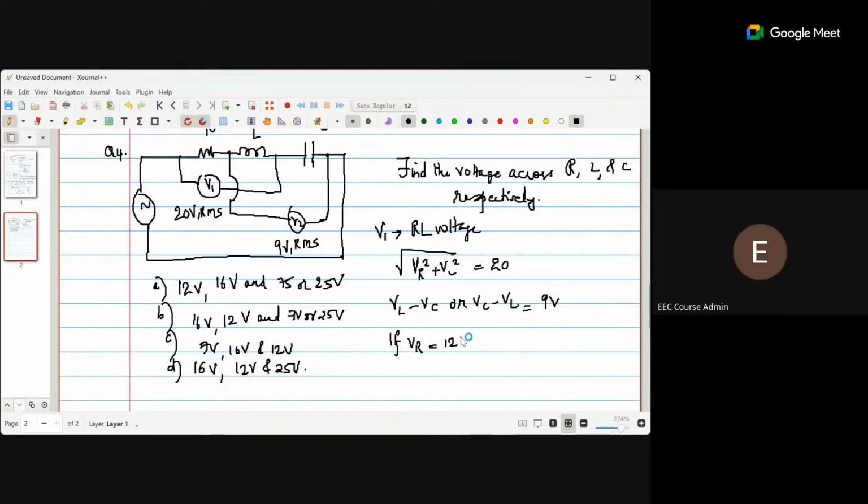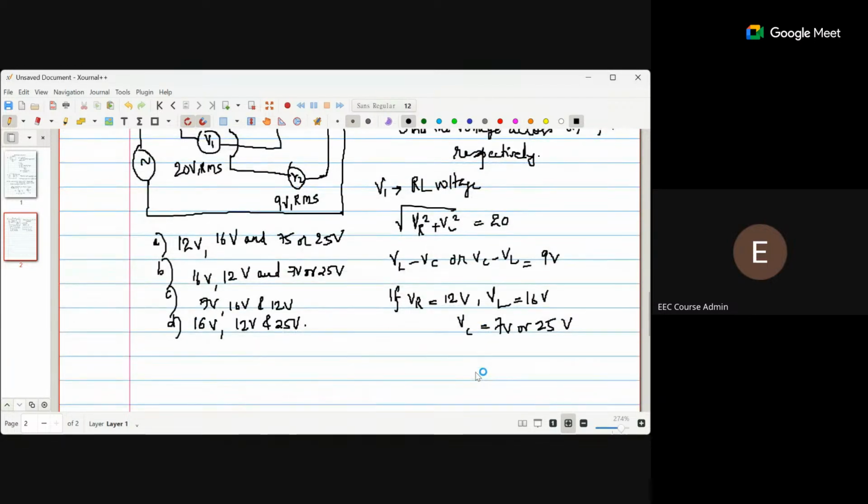So the first option: if VR is 12 volts, then VL is 16 volts, VC is 7 or 25. You just check whether the square root of 12 square plus 16 square is 20. 12 square is 144, 16 square is 256, so it comes as root of 400, which is 20.